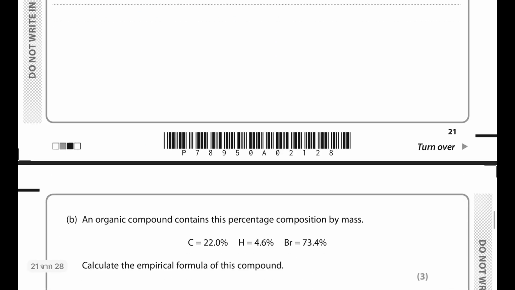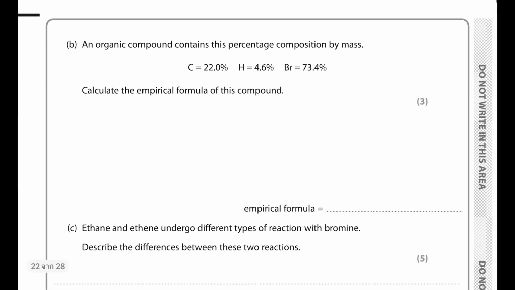Okay. Then question B. An organic compound contains this percentage composition by mass: carbon 22%, hydrogen 4.6%, and bromine 73.4%. So we have to calculate the empirical formula of this compound.